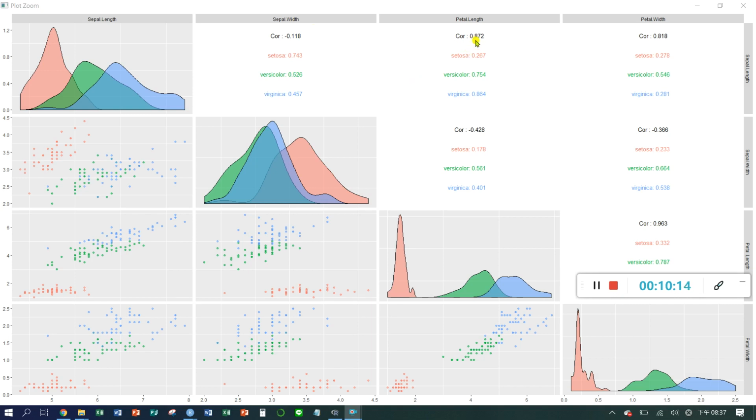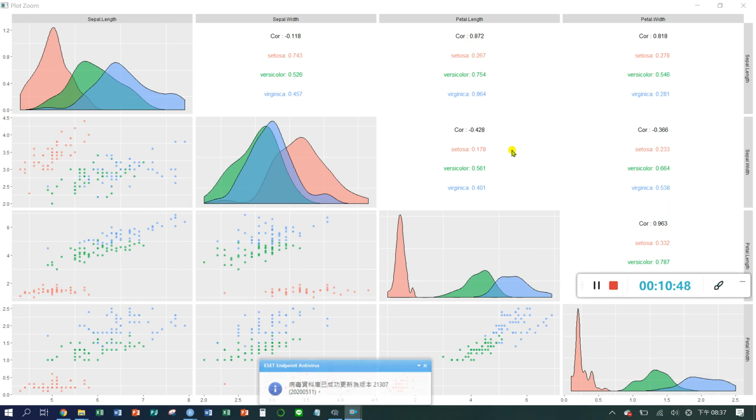You can see here the correlation is 0.8. It's quite big because it's close to 1. The maximum correlation is 1. Right now it's 0.87, so between petal length and sepal length there is a positive correlation.